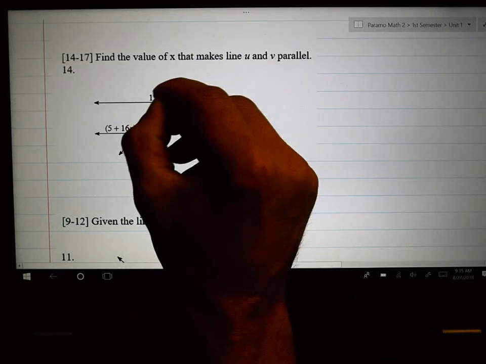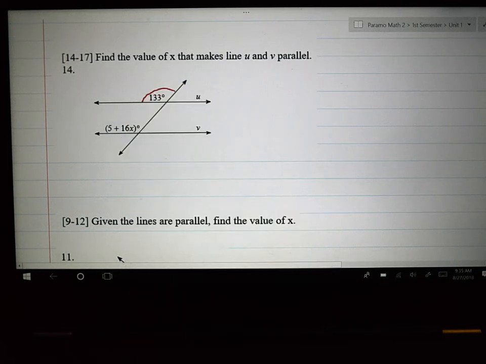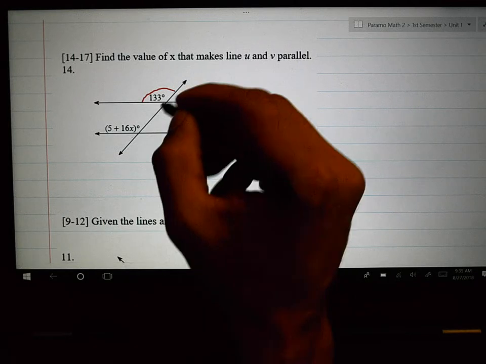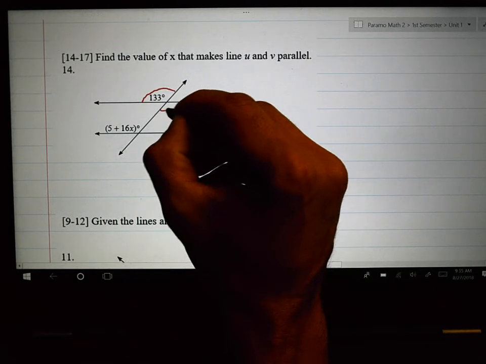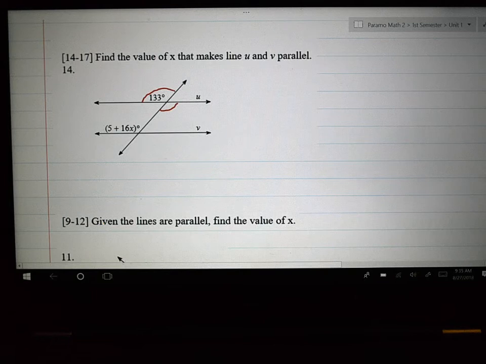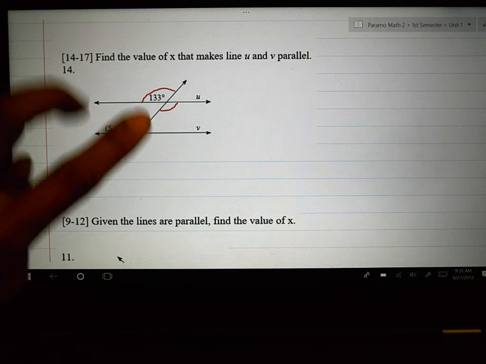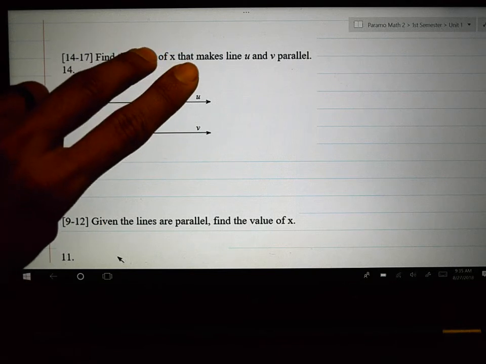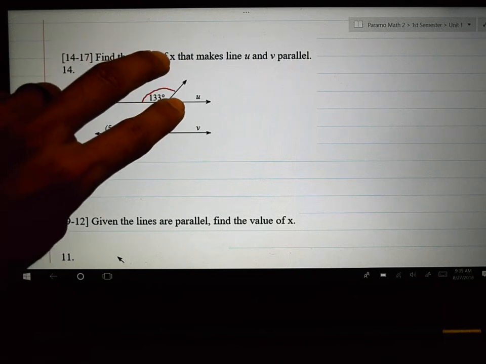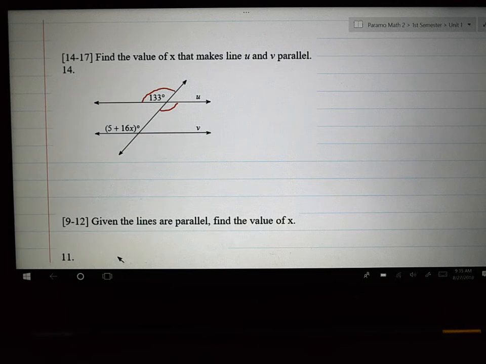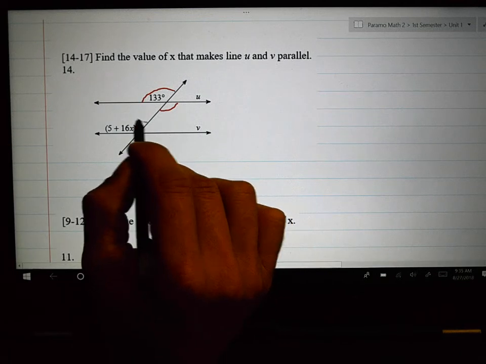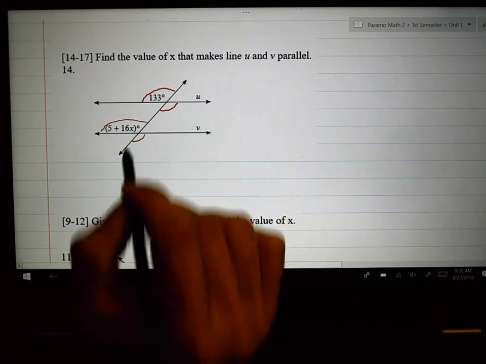Here's 133, I put an arc. Then I put its vertical angle. That's 133. Then this other angle here in red must also be 133 degrees because vertical angles are congruent. And then what I do is I do top left, bottom right, and I slide down the transversal so I know, are these the same or do they add to 180?